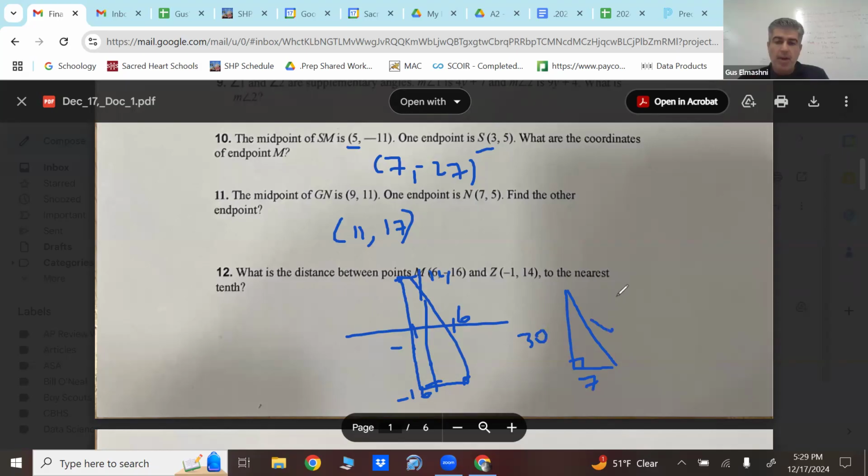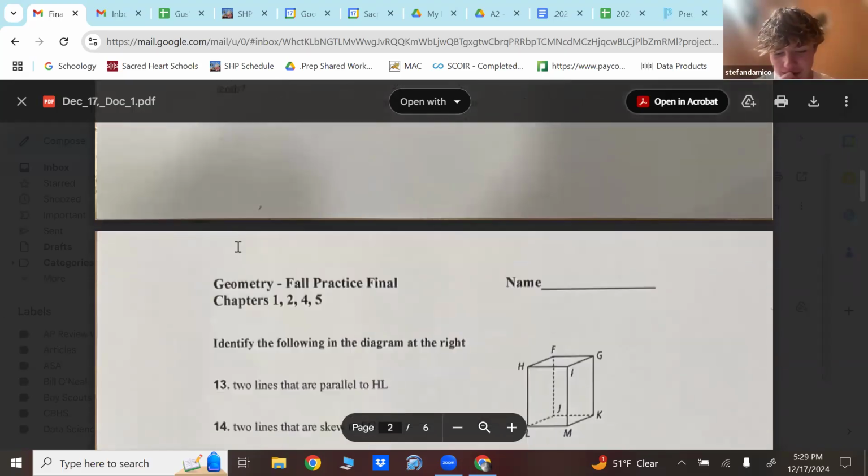So you should get root 949. And wherever that is, we want to round to the nearest tenth. Yeah, 30.8. Okay, so that's page 1. Now let's do page 2.